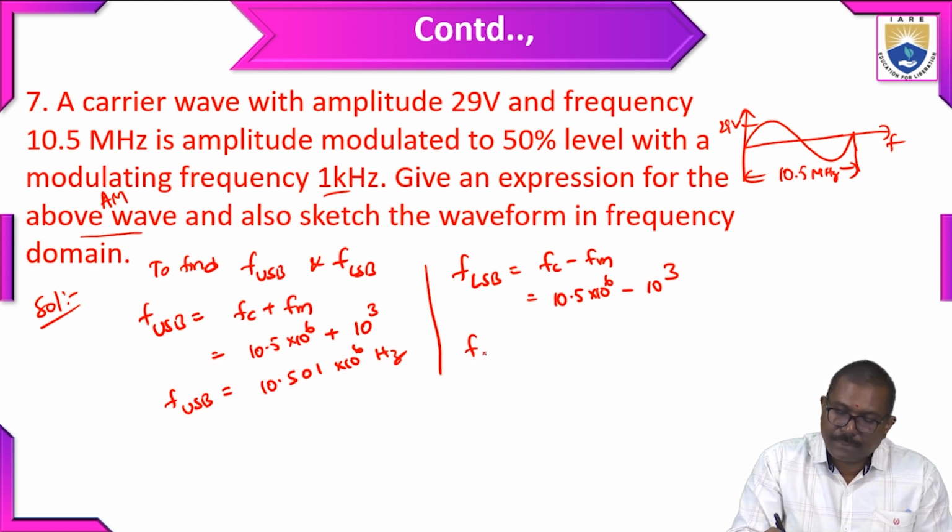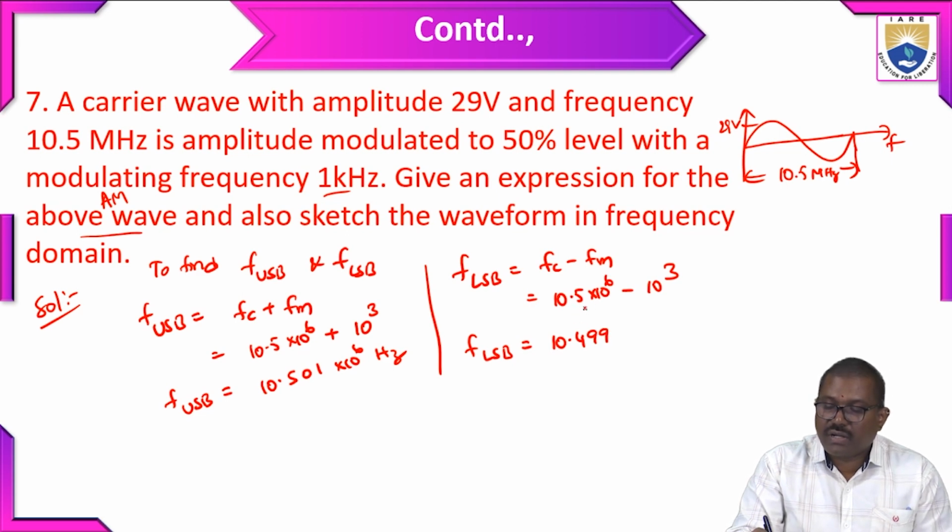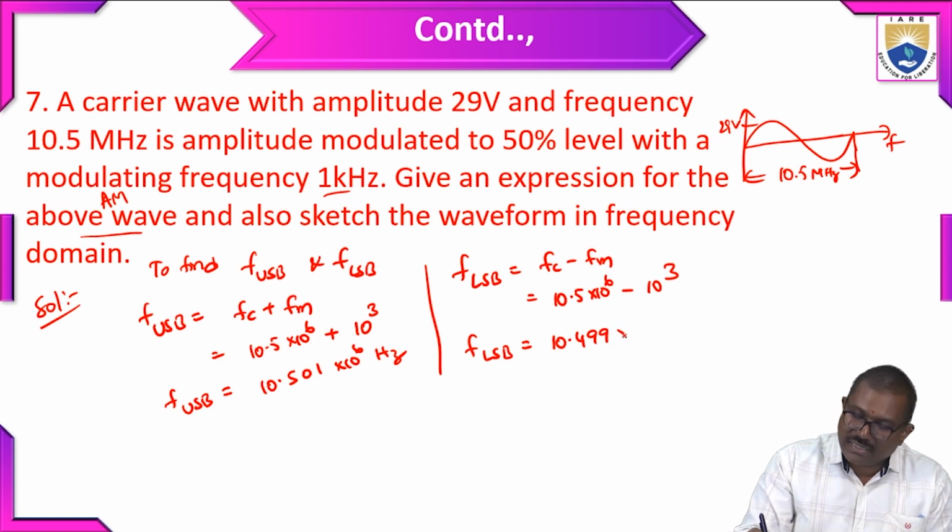So FLSB is equal to 10.499. Why do you get it like this? 10.500 minus 0.001, so you got 10.499 megahertz.